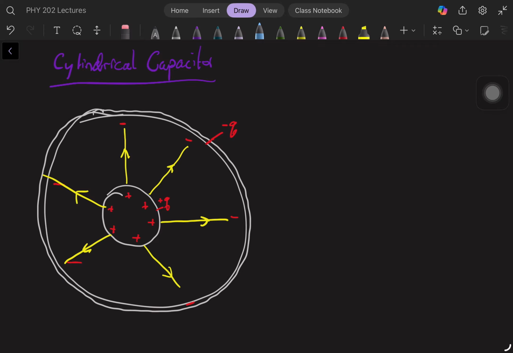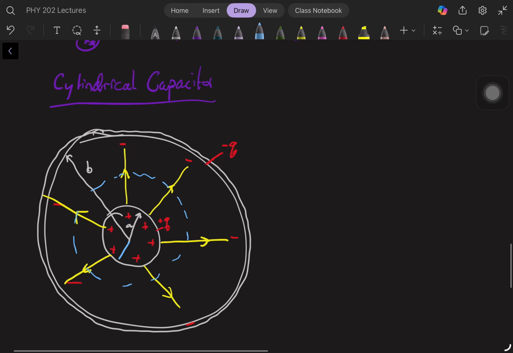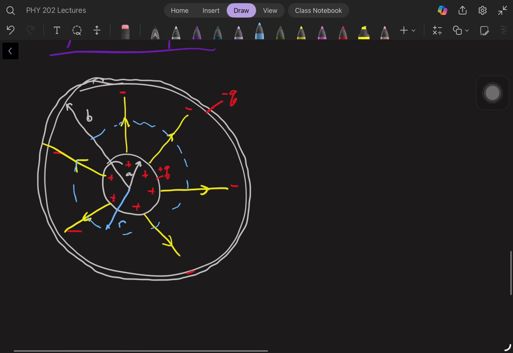Then what we're going to want to do is figure out a Gaussian surface. Actually, we'll say the inner radius is A, outer one is B, and then we're going to go ahead and draw some Gaussian surface with a radius R.